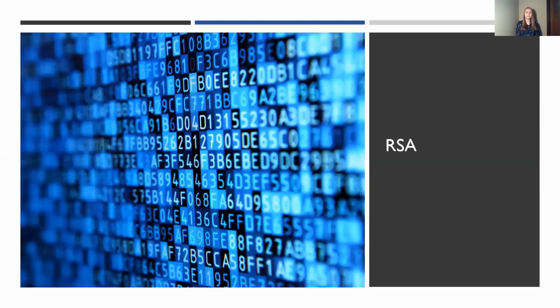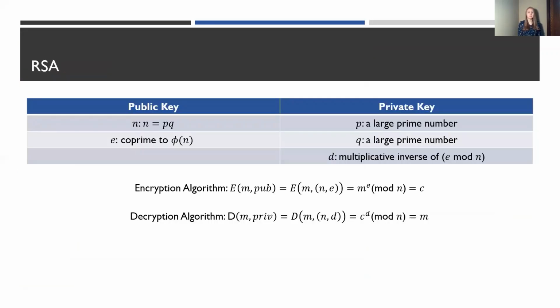Now I'll be talking about RSA. RSA is one of the more popular public key cryptosystems, and it is often found in things such as password encryption. To begin, like I mentioned before, it is important that the receiver has a public and a private key.